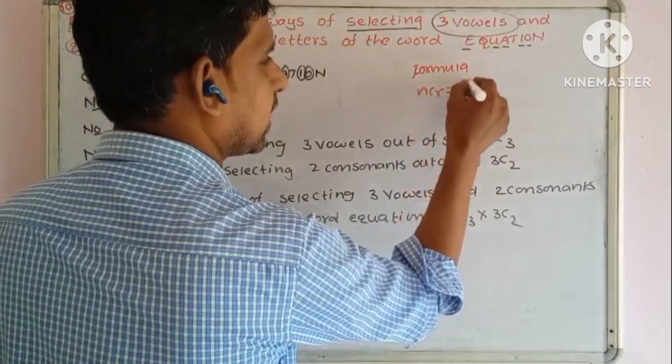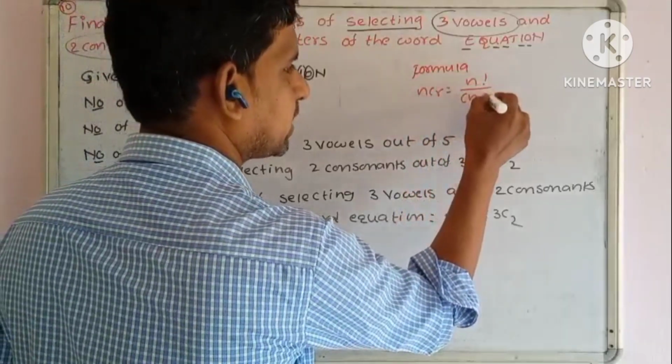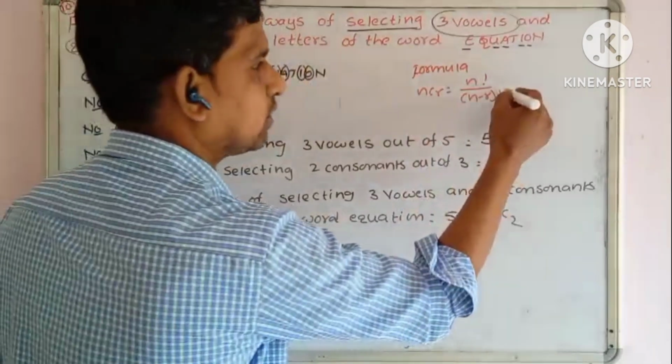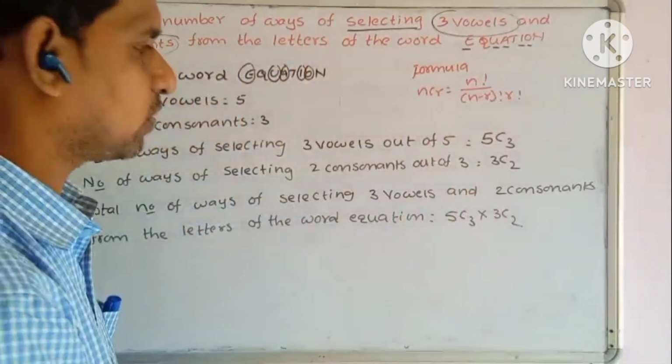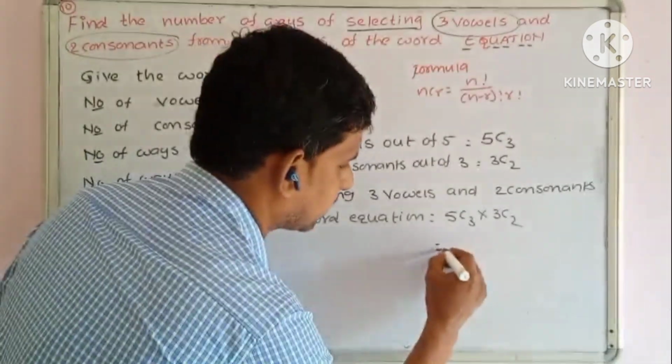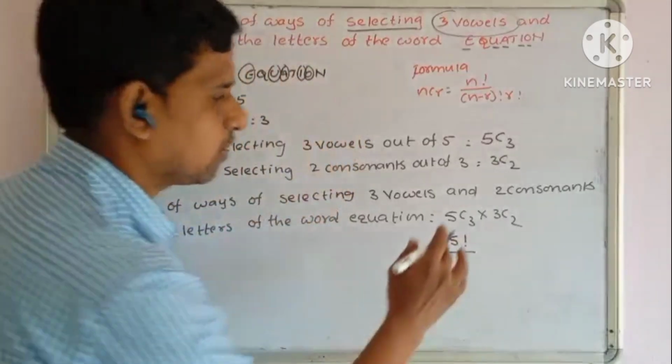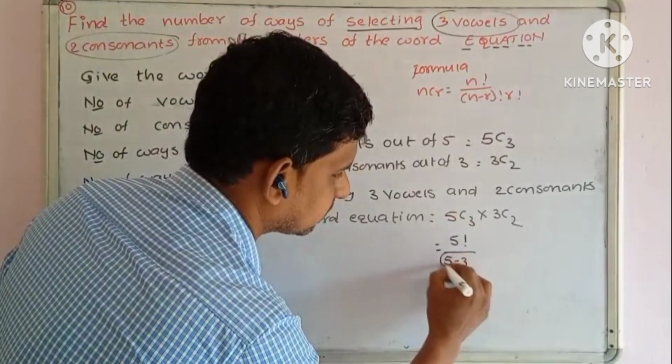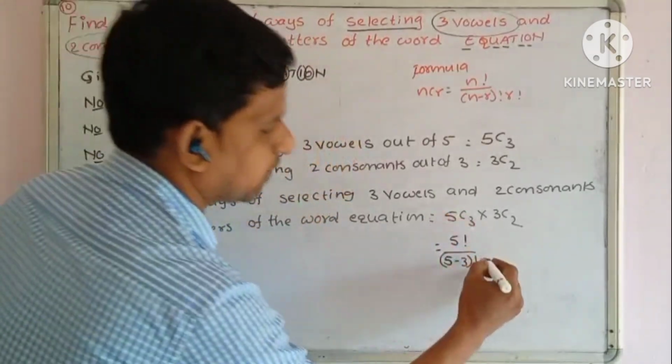The nCr formula: n factorial by (n minus r) factorial into r factorial. So 5C3 means 5 factorial by (5 minus 3) factorial into 3 factorial.